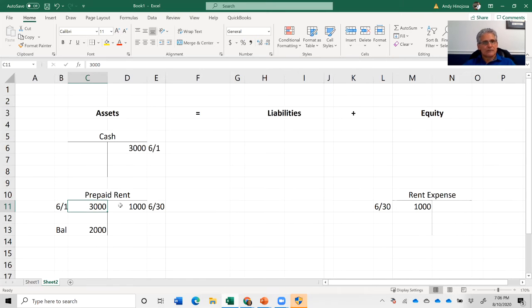Debit $3,000, credit $1,000, so we subtract $1,000 from the debit, and that leaves us a balance of $2,000. So we paid $3,000. Of that $3,000 at the end of June, $2,000 is still there in prepaid rent because we haven't incurred those expenses. But $1,000 at the end of June has been incurred, and that's recognized as an expense.